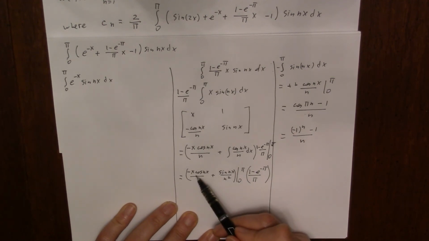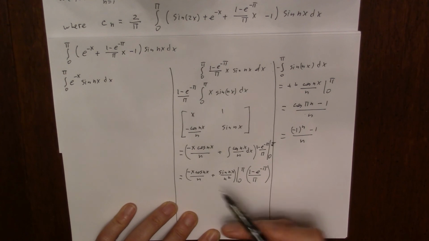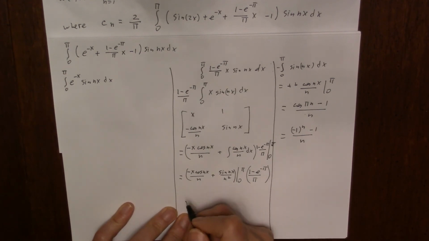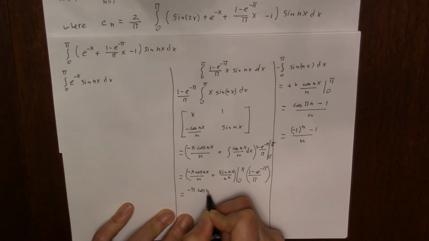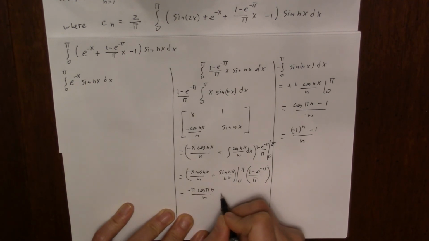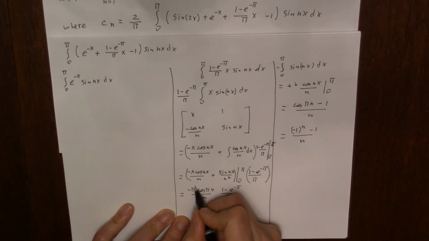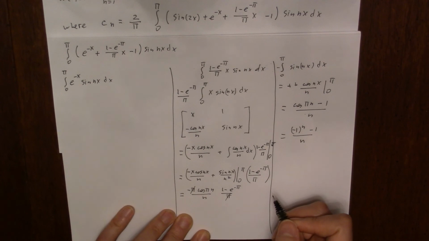If we substitute in 0 for x, we're going to get 0. So the only thing which will be left here is going to be negative pi cosine of pi n over n multiplied by 1 minus e to the negative pi over pi. Pi and pi will be cancelled out.